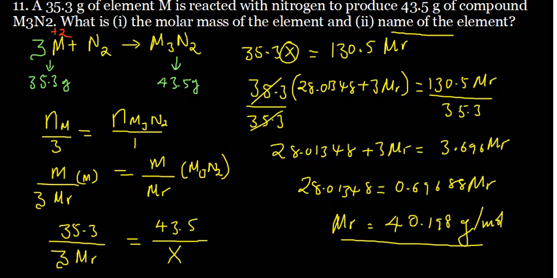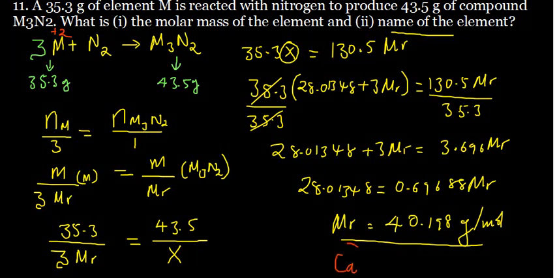So let's check on the periodic table. A charge of 2 should be in group 2, and it has got a molar mass of 40.1. If you look at calcium, calcium has got a molar mass of 40.07, which is 40.1. So that means that this compound contains calcium.